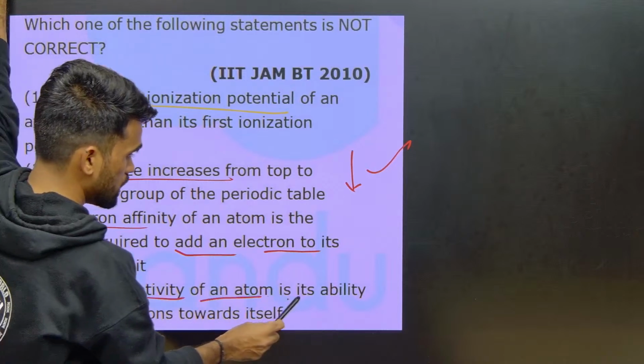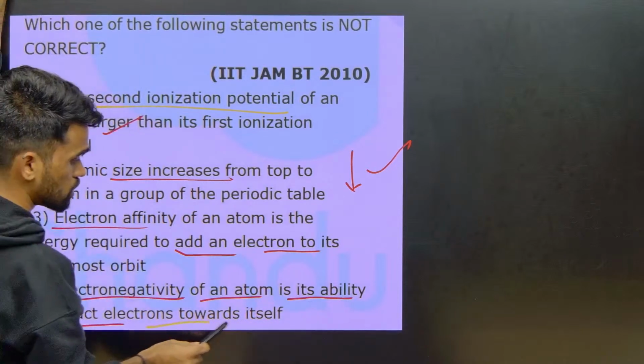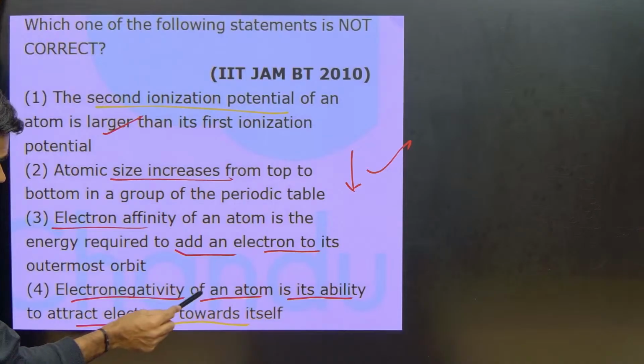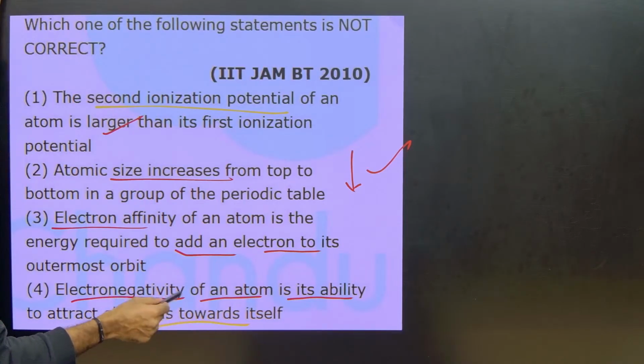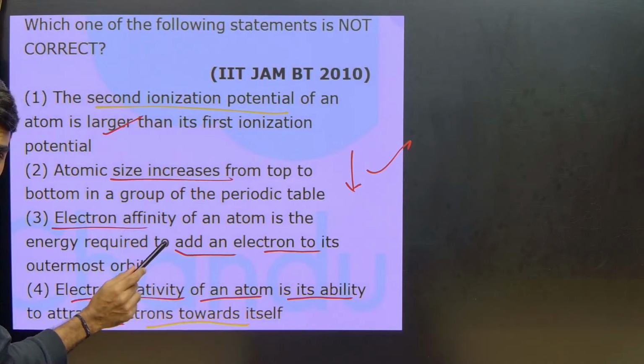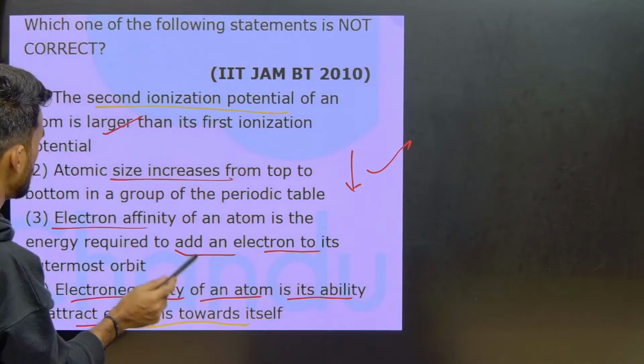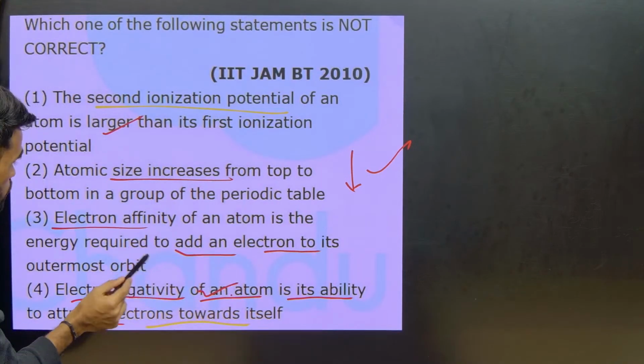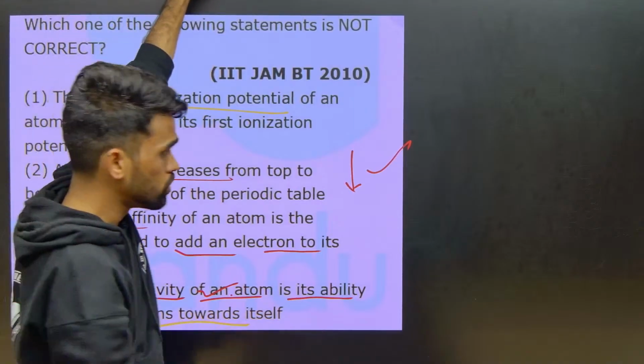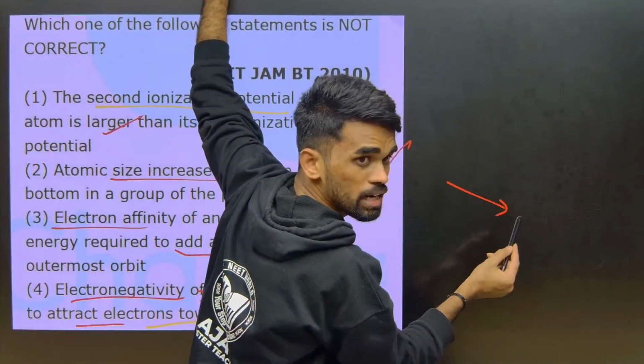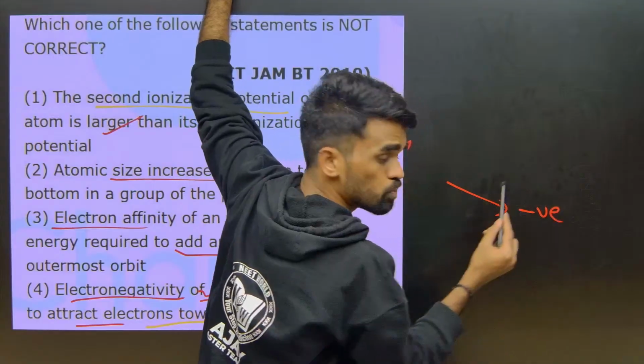Electronegativity of an atom is the ability to attract the electron towards itself. It is correct only. We will discuss electronegativity once again, because I haven't discussed electronegativity with you till now. Next, I told you some elements have more tendency to gain electron, that means the value is negative.